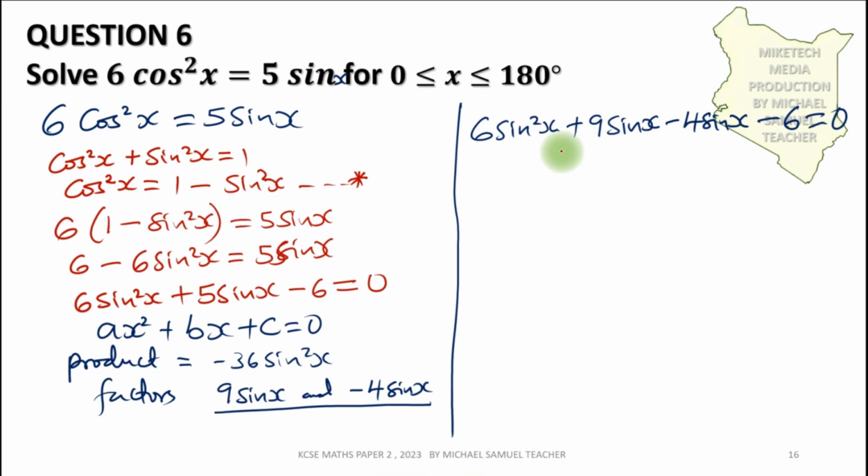So we take them into pairs, and we factor out what is common. 6 and 9, 3 is common, so 3 sine x is common, so we divide 6 sine x squared by 3 sine x, we get 2 sine x, then 9 sine x divided by 3 sine x, we get plus 3.